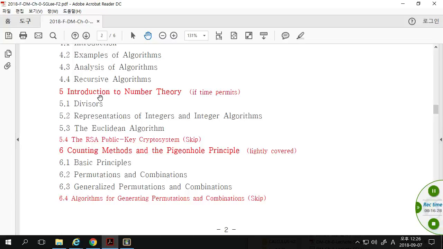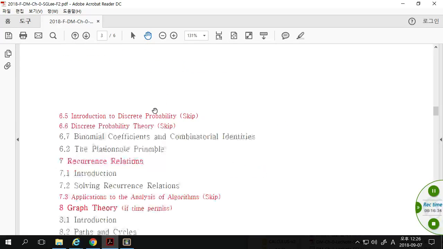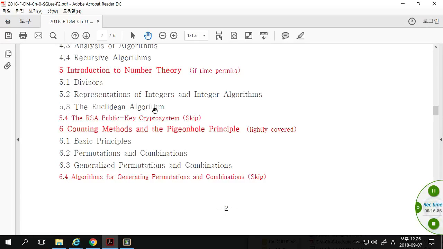Chapter 5 gives the introduction to number theory. In here, counting methods and Pigeonhole principles will be covered in detail.